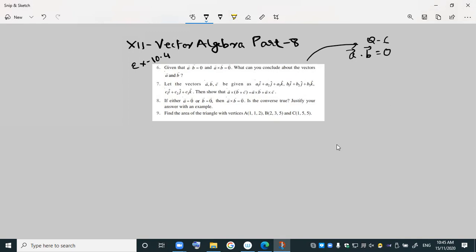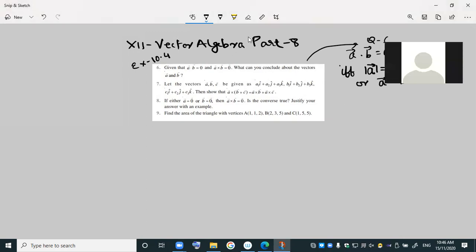So when A dot B is equal to 0, that means you know that A dot B can be 0 if and only if A should be 0 vector, either magnitude of A should be 0, or magnitude of B should be equal to 0, or the third condition is if A is perpendicular to B, then their angle is 90 degree and cos 90 is 0.